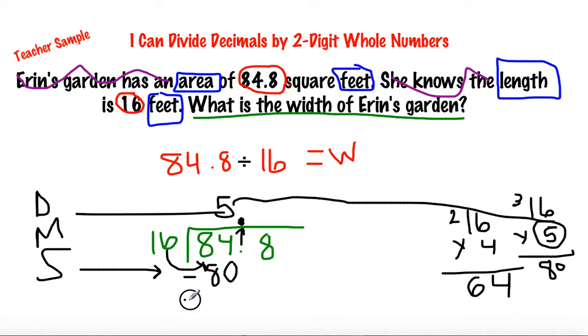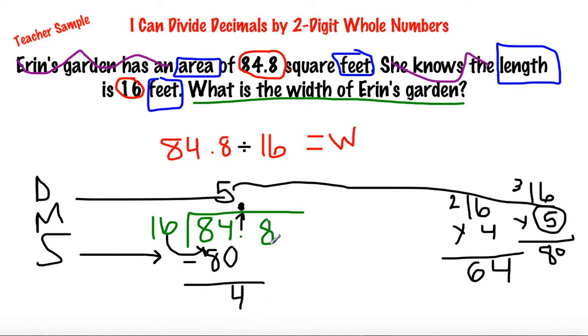Okay? So 84 minus 80, we know that is 4. That's a quick, easy one to solve. And then I bring my 8 down just like I would in any other division problem. So I have my B for bring down. I'll draw my arrow over there so you don't forget. And then I start again. I repeat. I start at the top again. So I divide. And I say, okay, well, how many times can 16 go into 48?